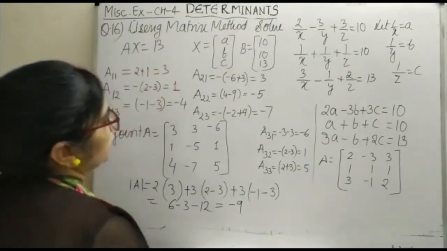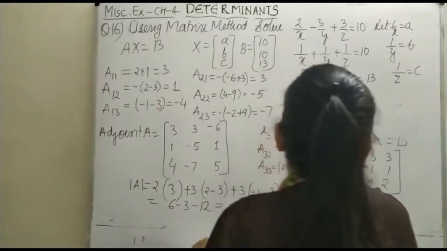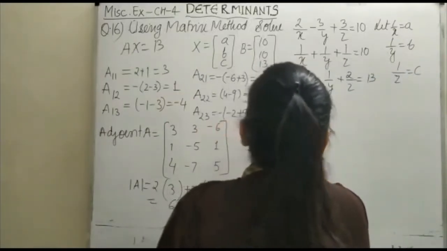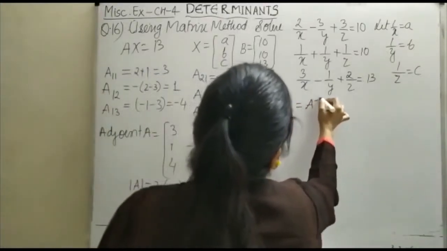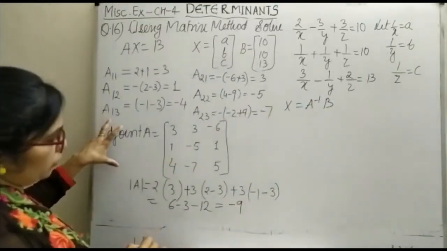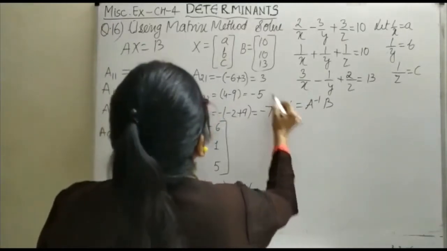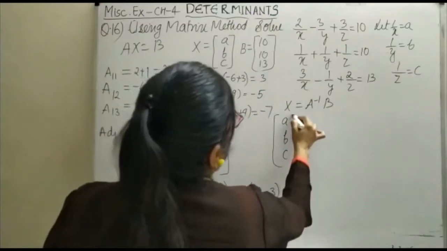We are having the B. Now we can directly work out for inverse. So what will be x here? Your x is equal to A inverse B. So A inverse will be adjoint A upon determinant A. That is, first of all keep x, the value of x is A, B, C. Right?